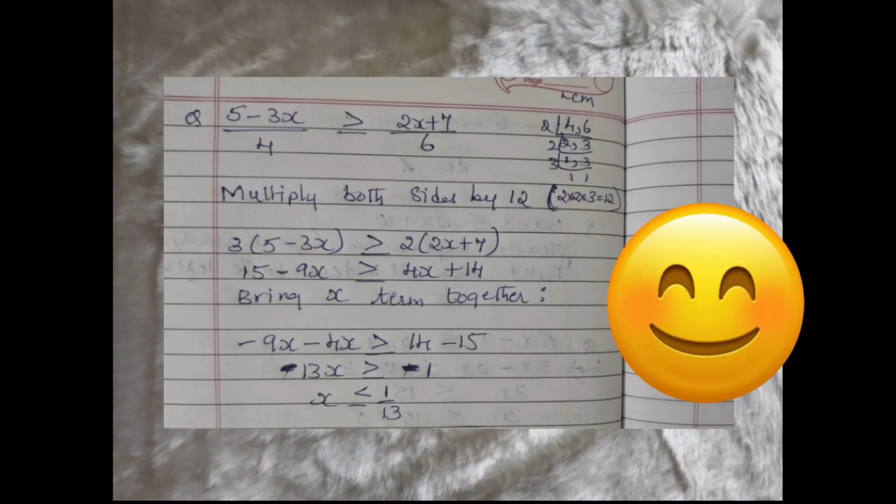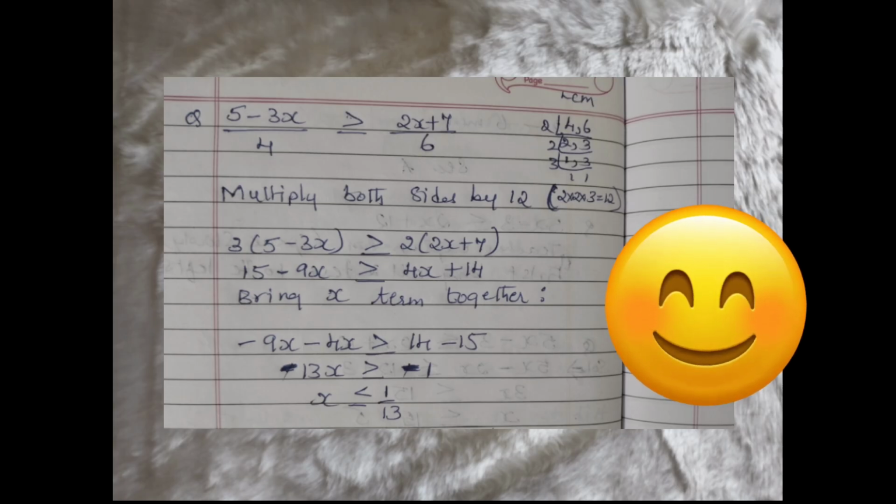Since we have got the LCM as 12, we will be multiplying 3 with 4 and 2 with 6 to get 12. After multiplying, you will get 3 fives are 15 minus 3 into 3x is 9x, greater than or equal to 2 into 2x is 4x plus 2 sevens are 14.